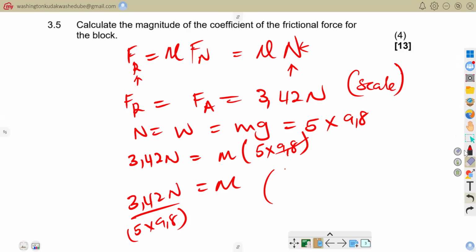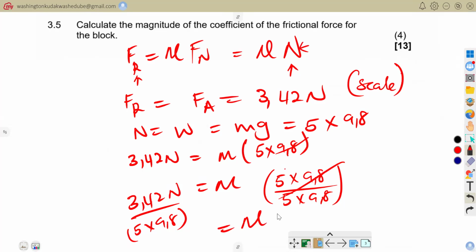I'll just divide by 5 times 9.8 throughout so that I can get the coefficient of friction. So all we now need to do is to calculate 3.42 divided by 5 times 9.8.